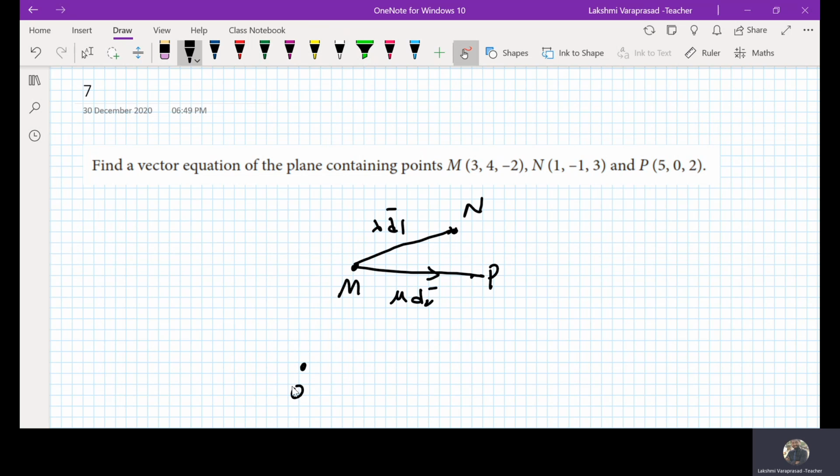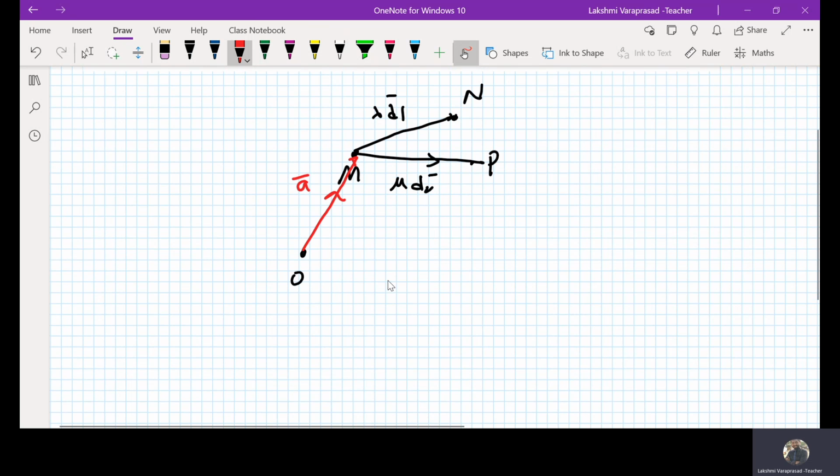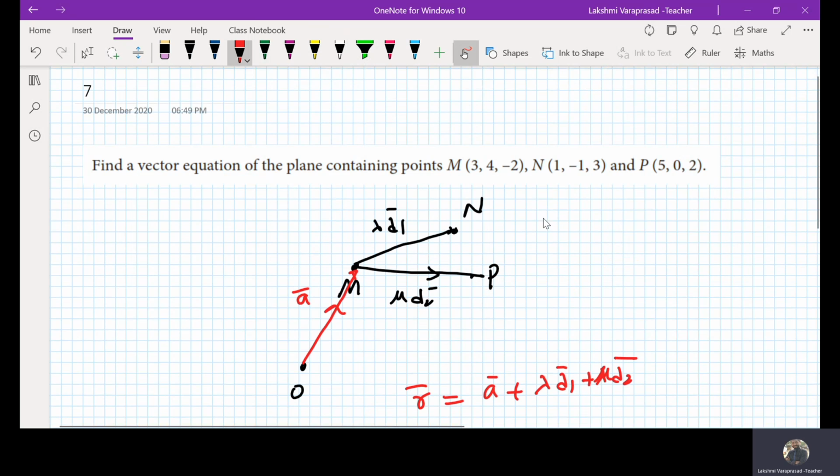So we have O here. Our position vector is going to be this, called A bar. Now we got an equation. The equation is going to be R bar is equal to A bar plus lambda times of D1 bar plus mu times of D2 bar.